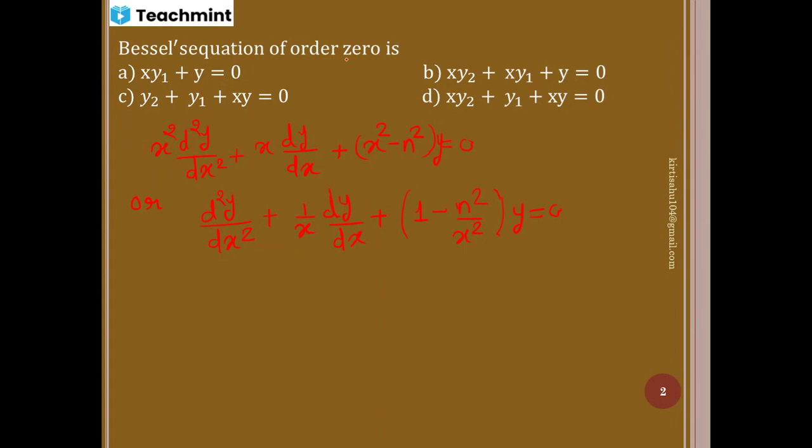So here I wish to obtain a Bessel's equation of order 0, right? So what I have to do? Just put n equal to 0. Say for example, this is our equation number 1.